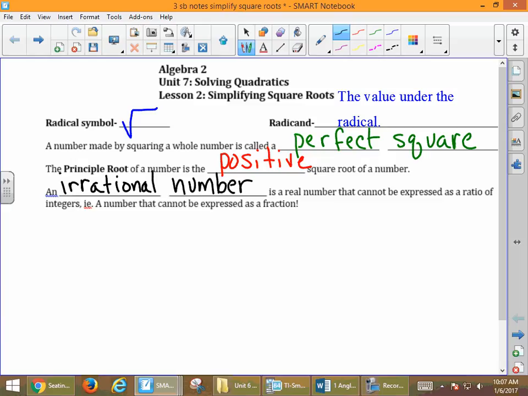You may have heard it defined in your younger math days as a non-repeating infinite decimal. When we type it in our calculator, we get this big, long decimal number. That's a non-repeating infinite decimal, a number that cannot be written as a fraction.